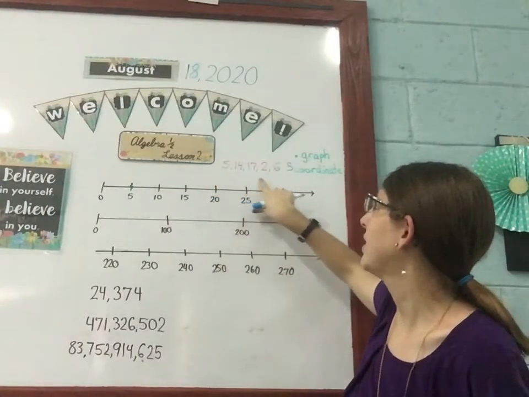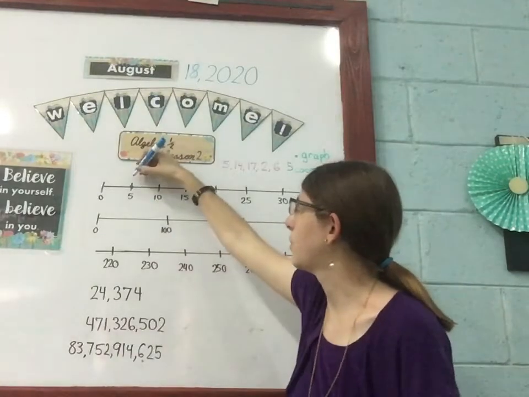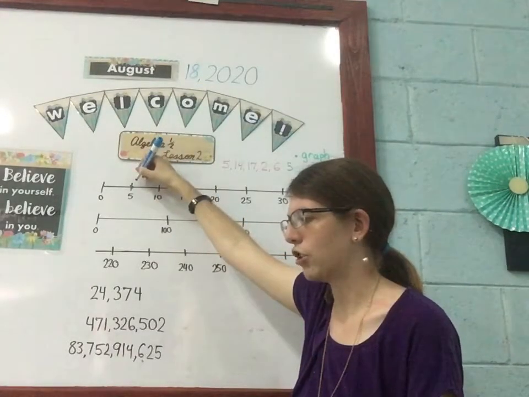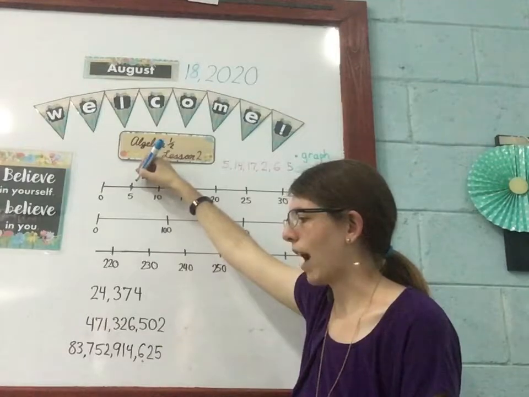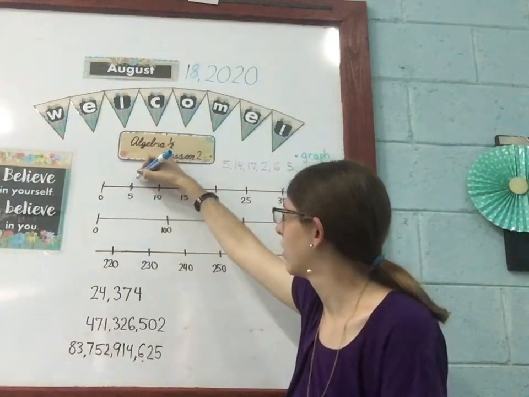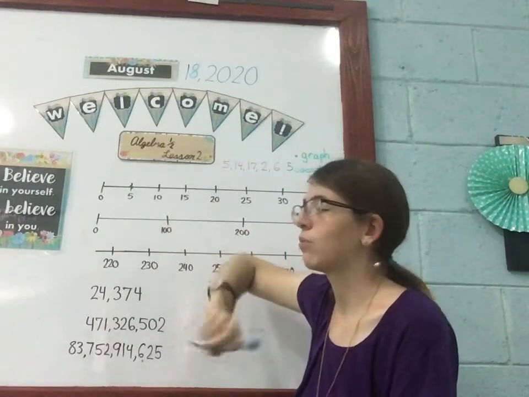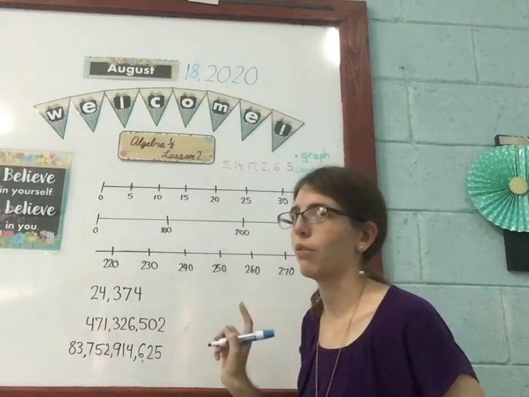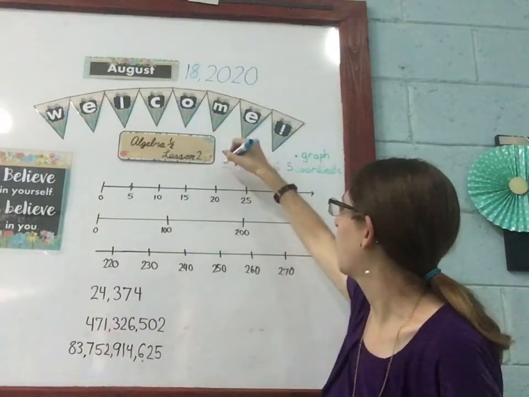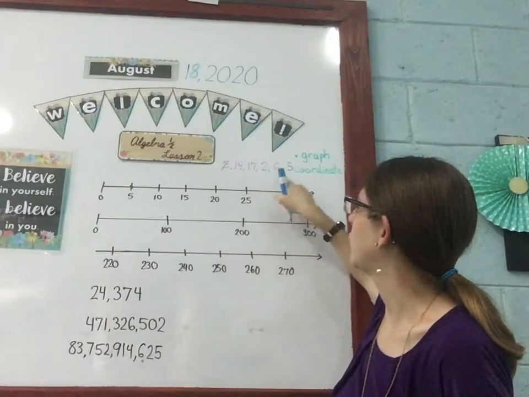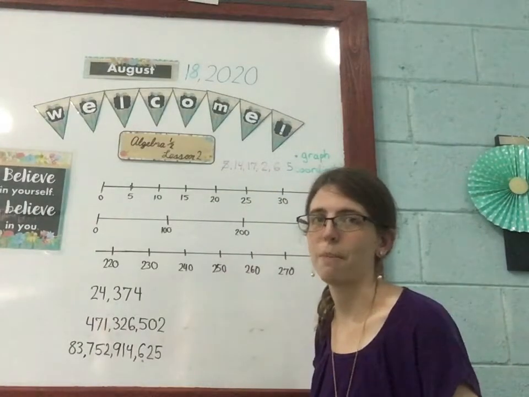We're going to put all these numbers in order on the number line. So here I have 5 in order where it should be. Now I want to graph. I've got 5. I don't need to put a number there because it's right on that tick mark, so I know it goes with 5. Now I also want to put 14, 17, 2, and 6 in their order on the number line.